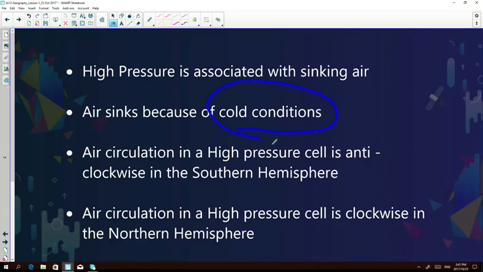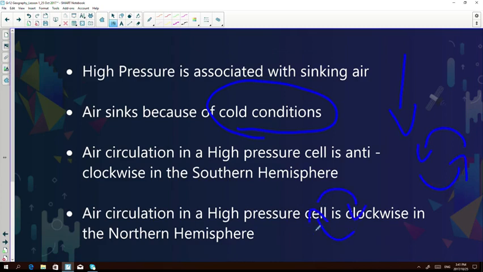Now, if we look at the characteristics of a high pressure system, we know it's cold conditions, usually, and the air sinks. If you look at the air circulation of high pressure systems in the southern hemisphere, it's usually anti-clockwise, and in the northern hemisphere, it's usually a clockwise circulation.